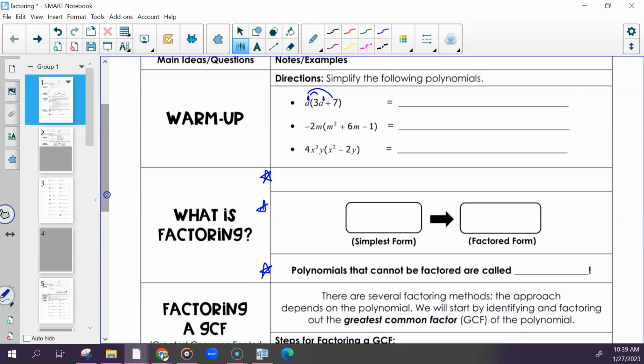So when you multiply them together, you're adding the exponents. So this would become 3a squared, because they're adding 1 and 1, and then 7a. So if we were multiplying this next one, negative 2m to everything, what would that be?